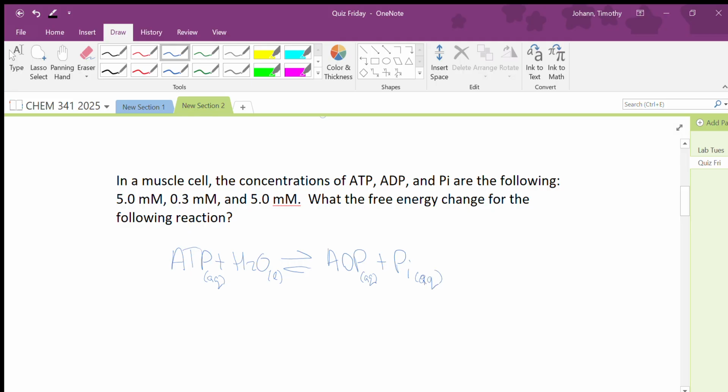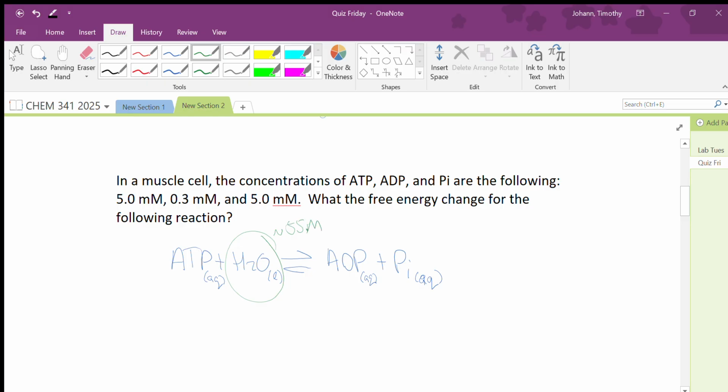So why can you build this concentration into your free energy constants? What's the concentration of water in a cell, roughly? High. Does anybody know off the top of your head? It's about 55 molar.